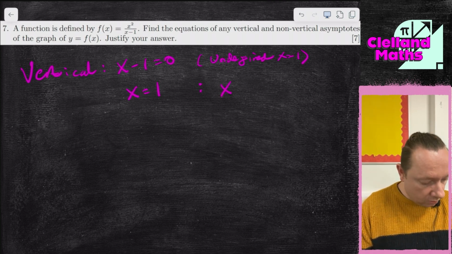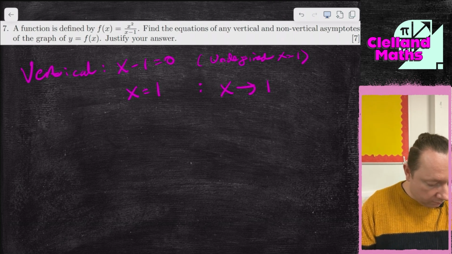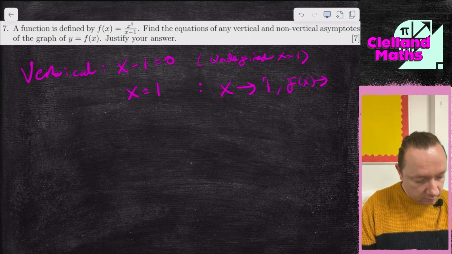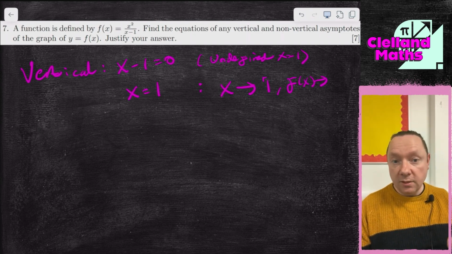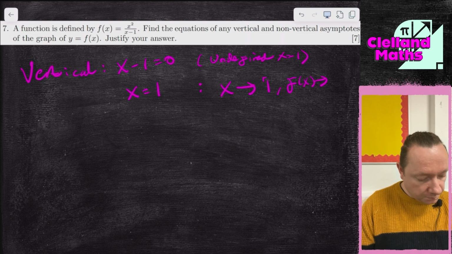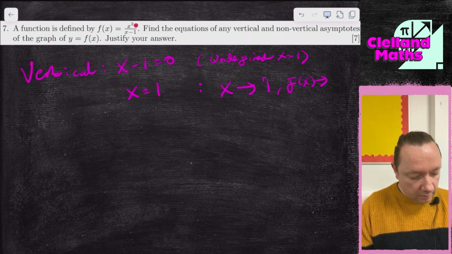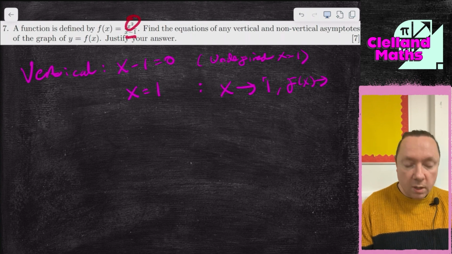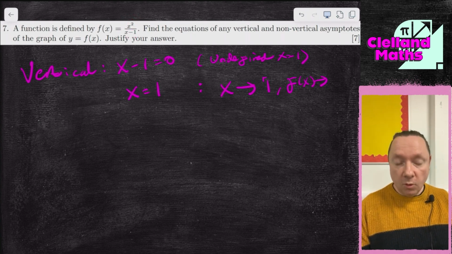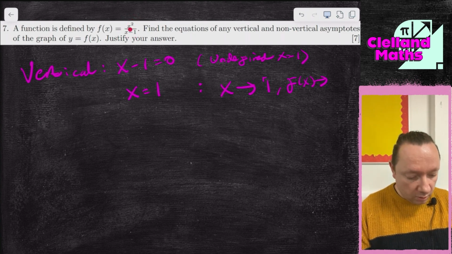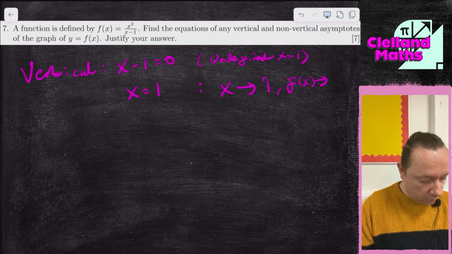As x goes towards 1 from the positive side, by positive side I mean from the right of 1, f of x approaches, imagine that was like 1.1, that would be positive, and 1.1 minus 1 would be positive, and that would keep getting smaller and smaller, so it approaches positive infinity.